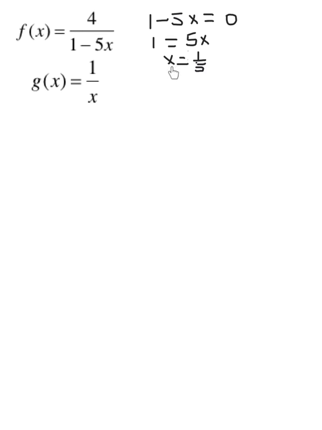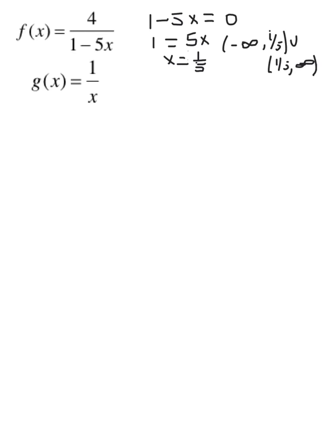And when I do, I get that x equals 1/5. So when x equals 1/5, I get a 0 in my denominator. So for function f of x, x can be all real numbers except 1/5.